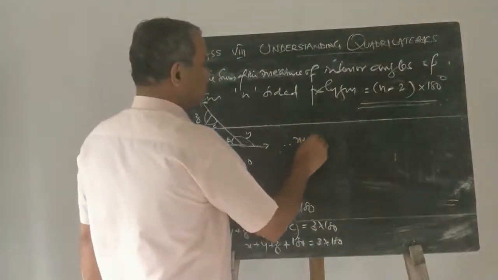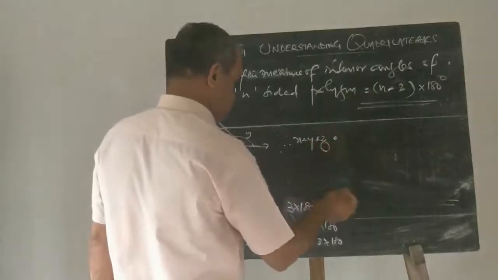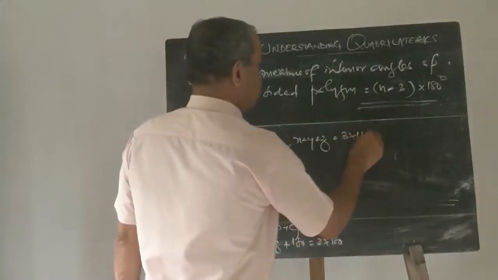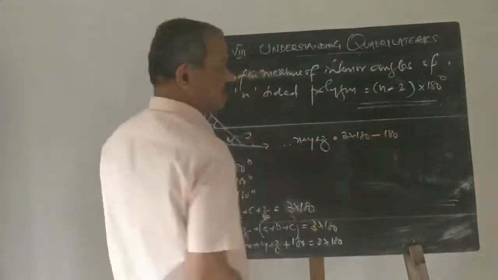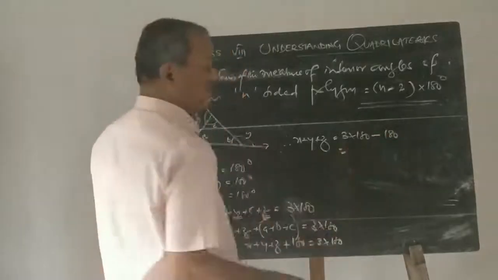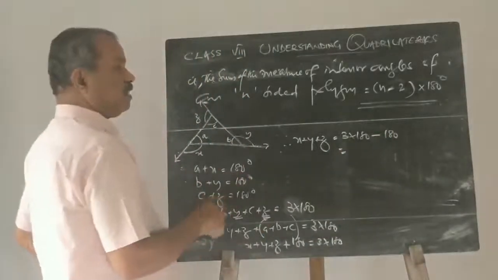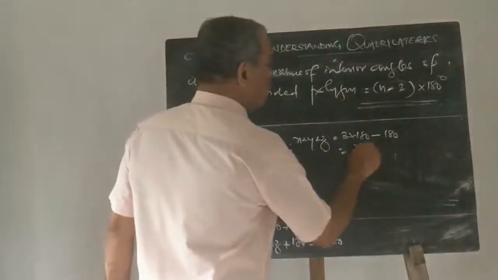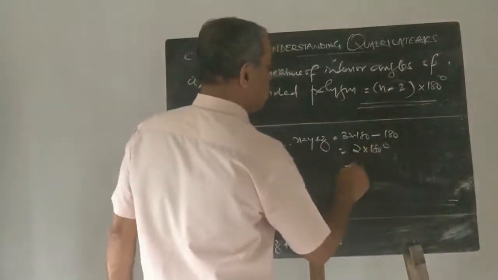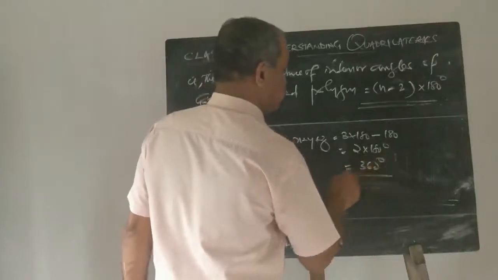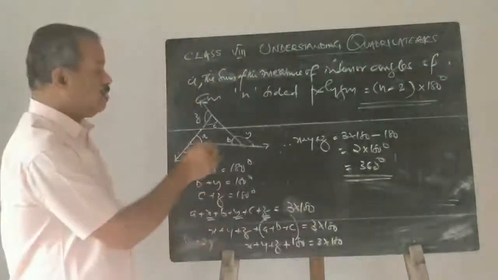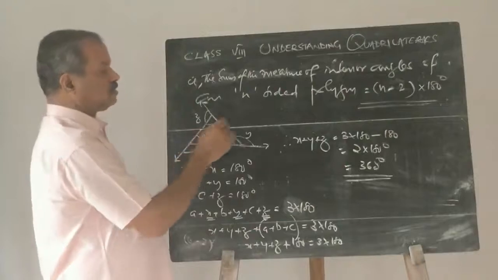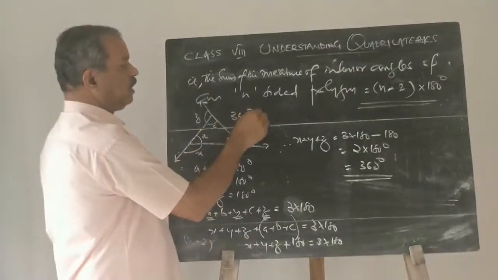Therefore, X plus Y plus Z equals 3 into 180 minus 180, which is 2 times 180, equal to 360 degrees. So the sum of the exterior angles of a triangle is 360 degrees.